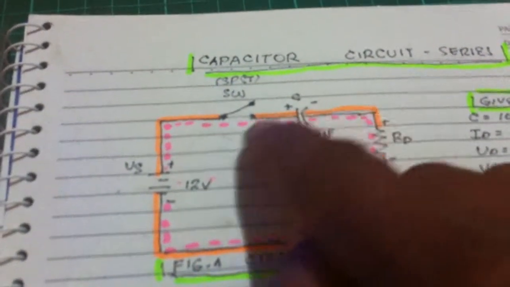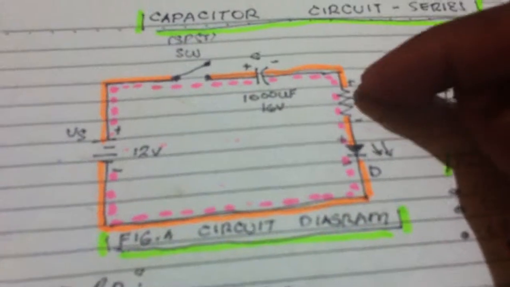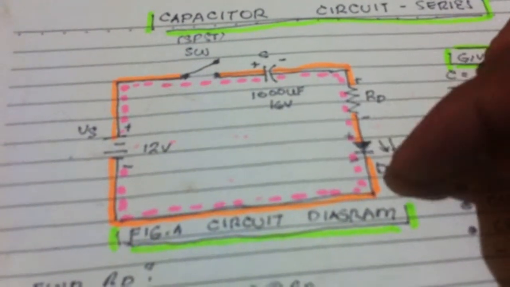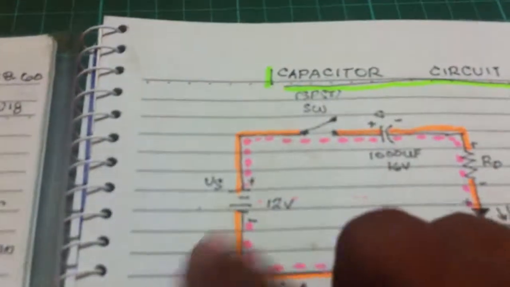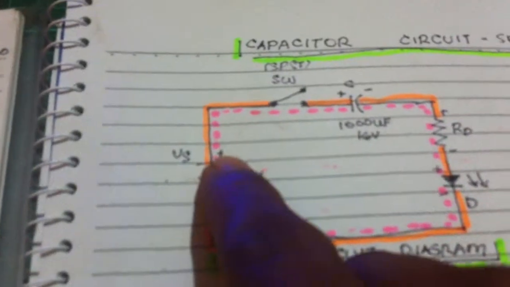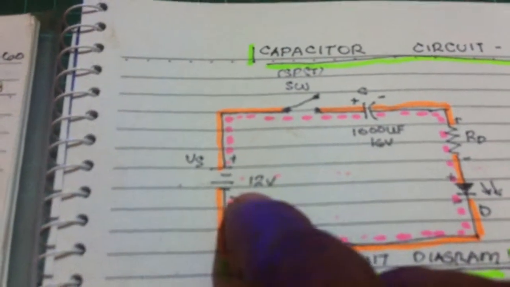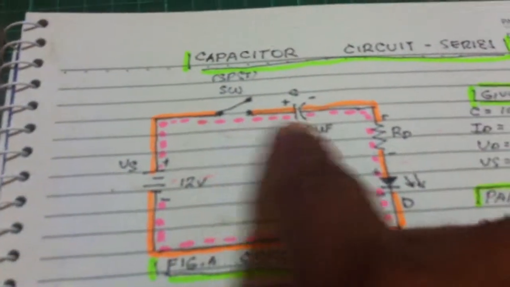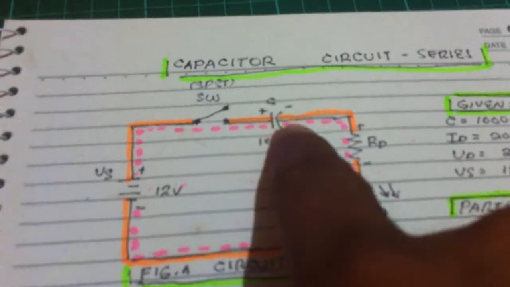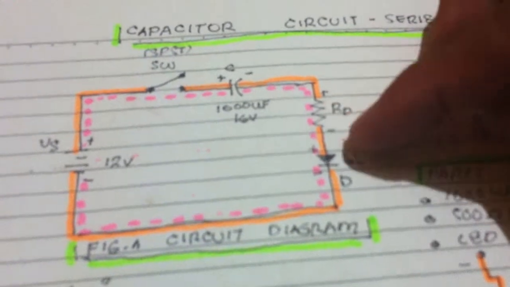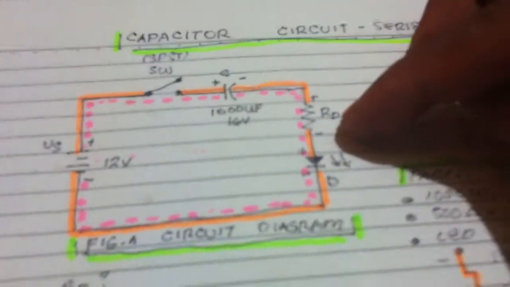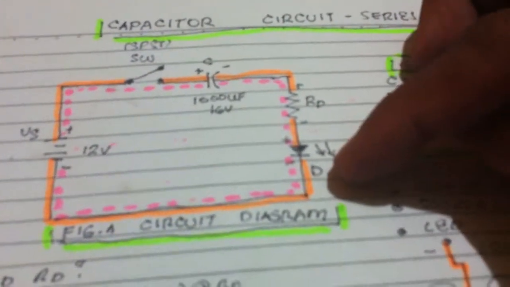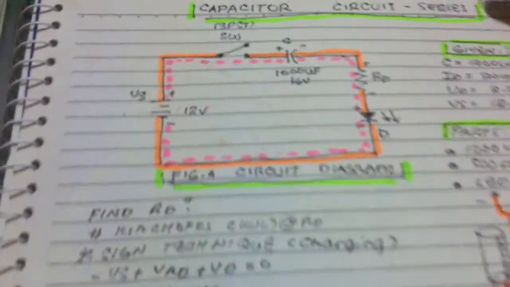This is like a source here. And positive, negative, anode, cathode. So when the current flows here, negative VS, voltage supply, passing to the capacitor, still charging, passes here, positive into negative, voltage drop at the resistor, voltage drop at the LED here, positive, negative.